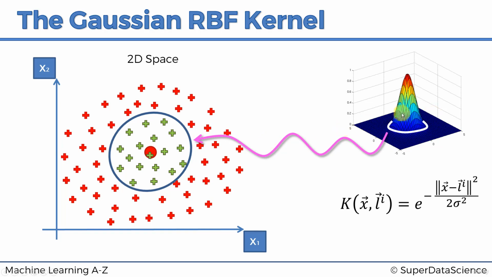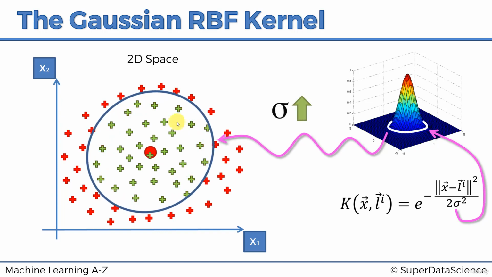Just if we pick the right sigma. Here we don't know that yet, but sigma's role is that it defines how wide this circumference is. If you increase sigma, the circumference will increase. This picture didn't change, but it should. The circumference here would increase, and you would take up more space.